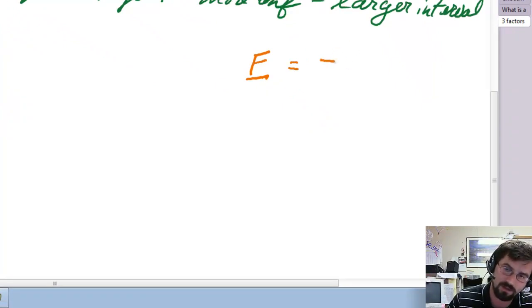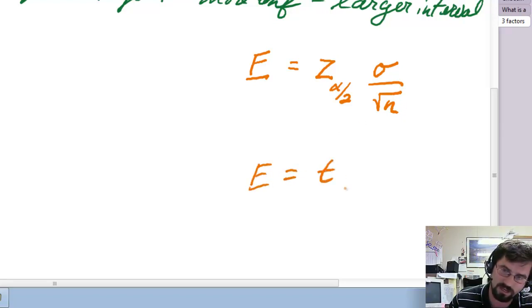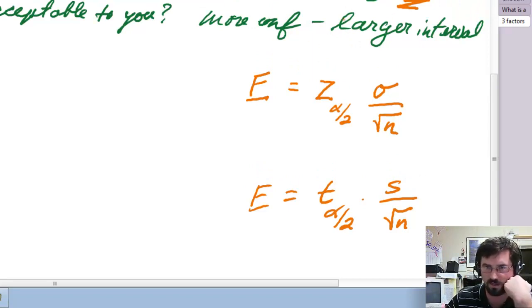You either have E equals Z alpha over 2 times sigma over the square root of n. Or you have E equals T alpha over 2 times S over the square root of n. Sometimes you can use S in your Z if your sample size is large enough.